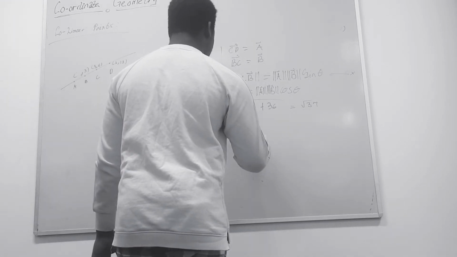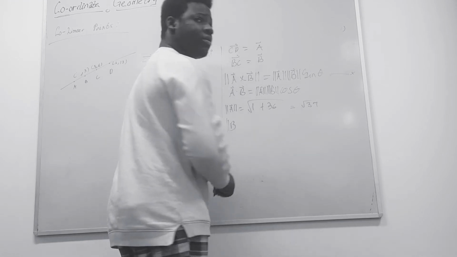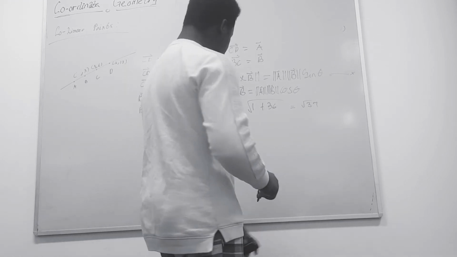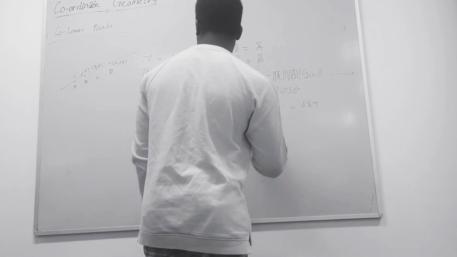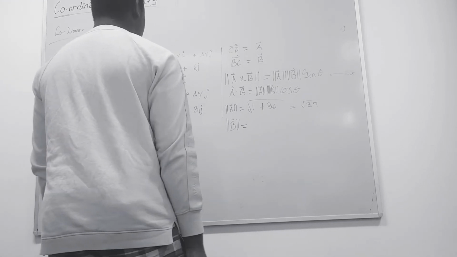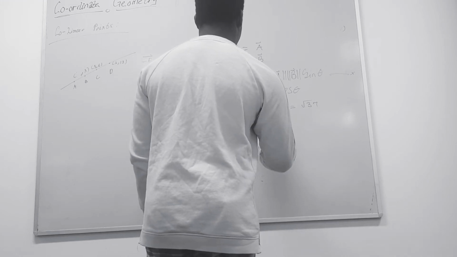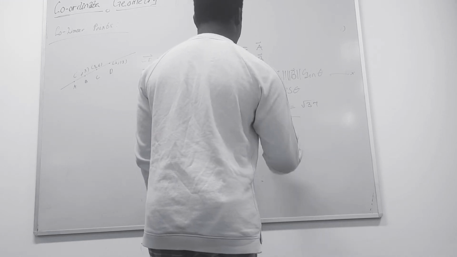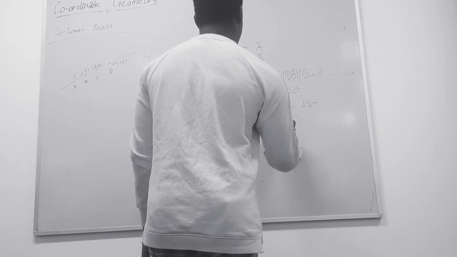So B is equal to the square root of 1/4 plus 9.